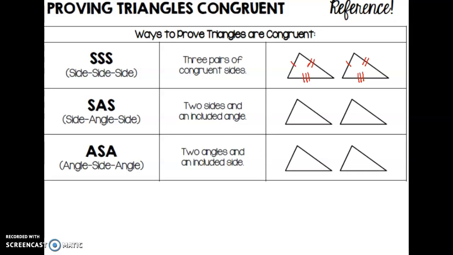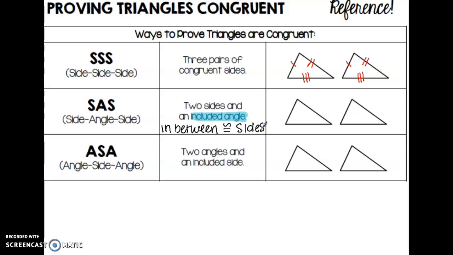For side, angle, side, remember that is 2 sides and an included angle. And if you forgot what included means, that means in between the 2 congruent sides. So you want to make a little note of that, in between congruent sides. That's what included means.